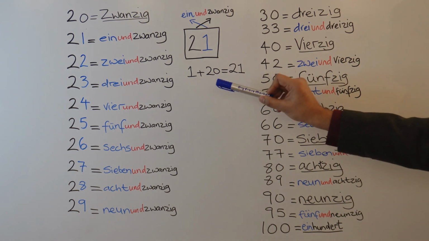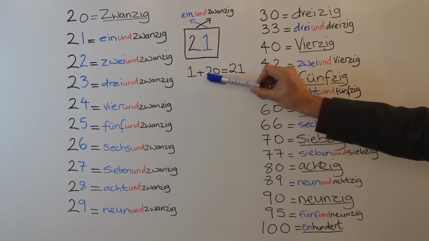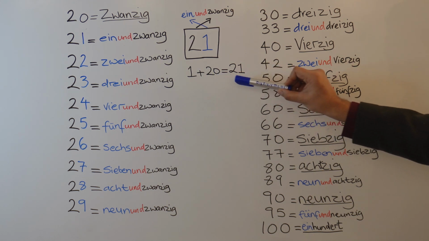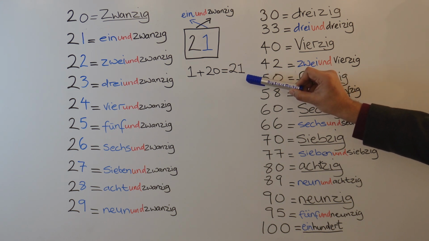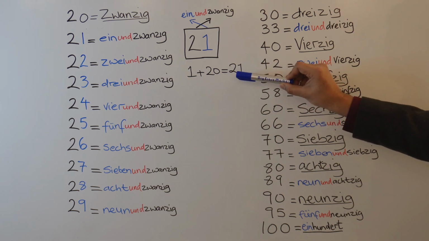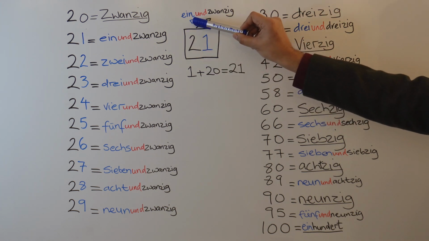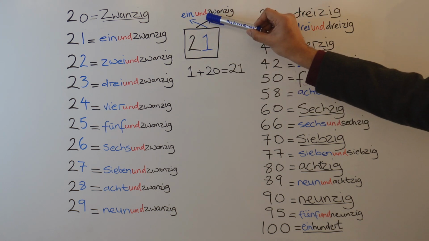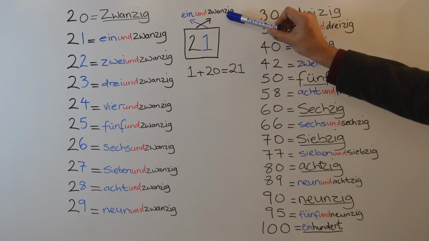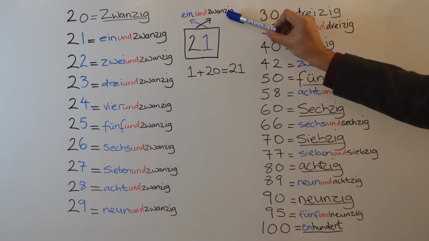So, as you say in English, 1 and 20. 1 and 20 becomes 21. The same principle, the same mathematical equation will apply in German, and you say 1, that means eins, plus, that means and, 20, that means 20. So it will become 21.